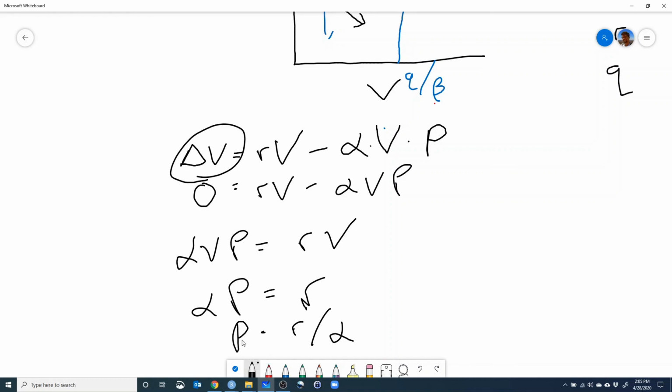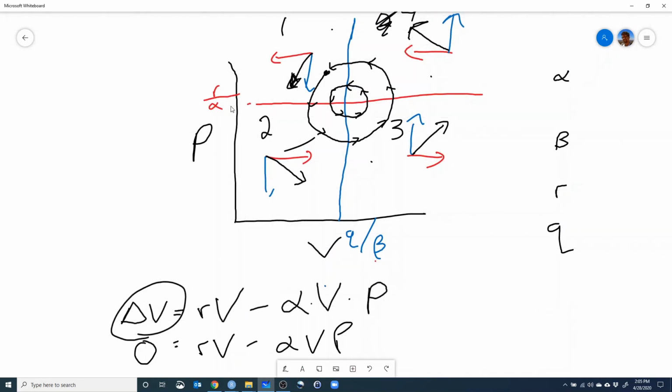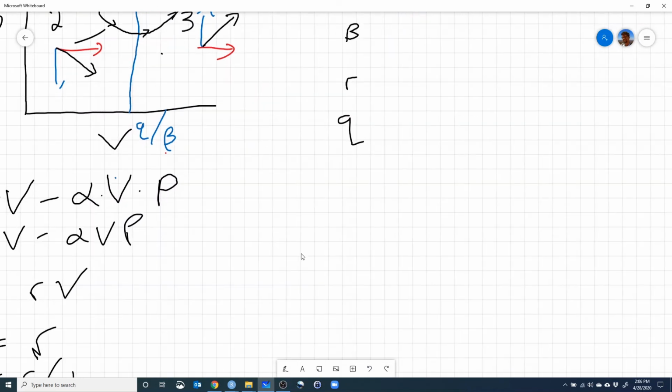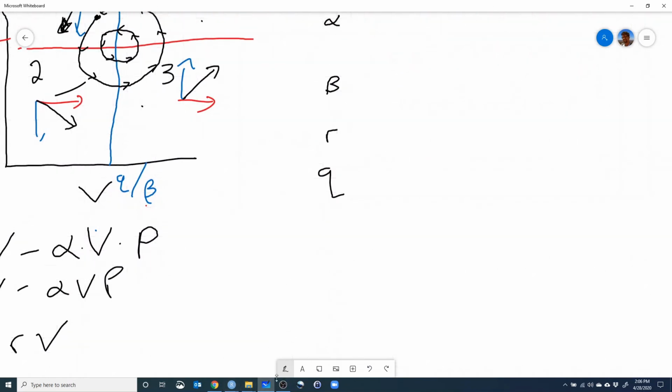So the isocline is wherever the predator number is equal to R over alpha, and that's exactly how we drew it above. Wherever the number of predators is equal to R over alpha is when the victim population is exhibiting 0 growth. We can do the same thing with the predators in the Lotka-Volterra model.